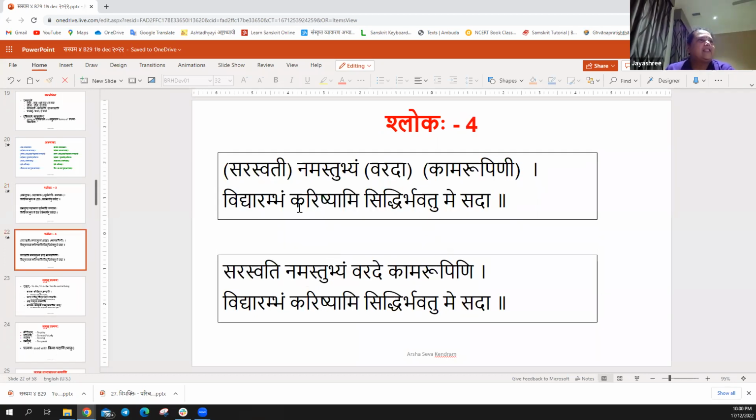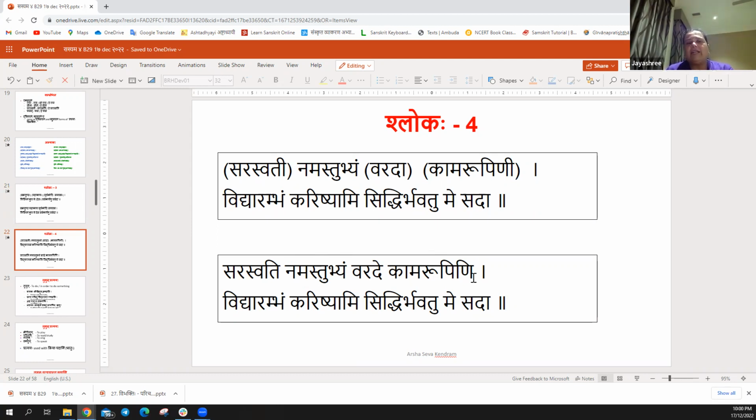All right, and the next shloka I've got here is Saraswati Namastubhyam Varade Kamarupini Vidyarambam Karishyami Siddhir Bhavatu Me Sada. The shloka we say every time. But when we say it, we don't say Varada, we say Varade. Kamarupini, we don't say that.